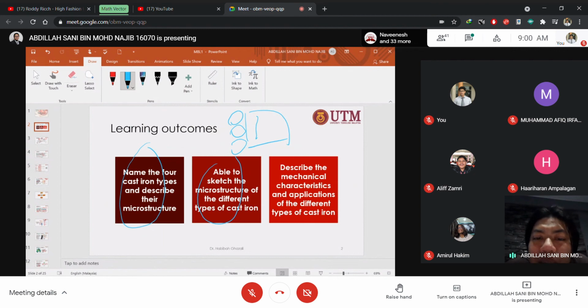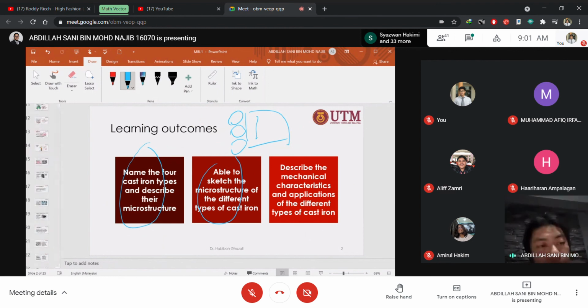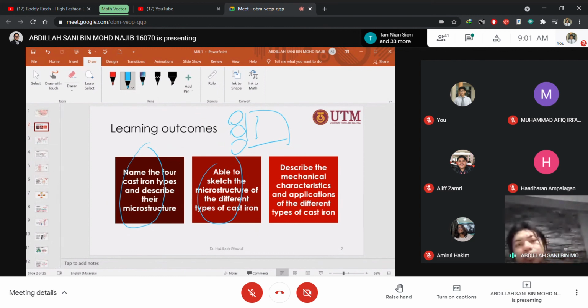For all four cast irons, especially the first two, the third and fourth are technically changes where we add some magnesium, or we do some heat treatment.